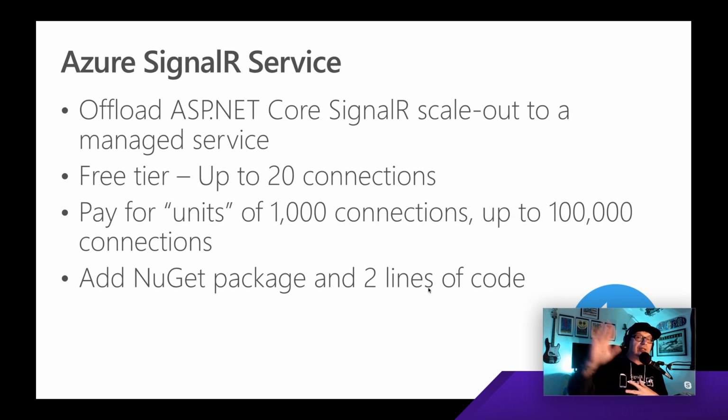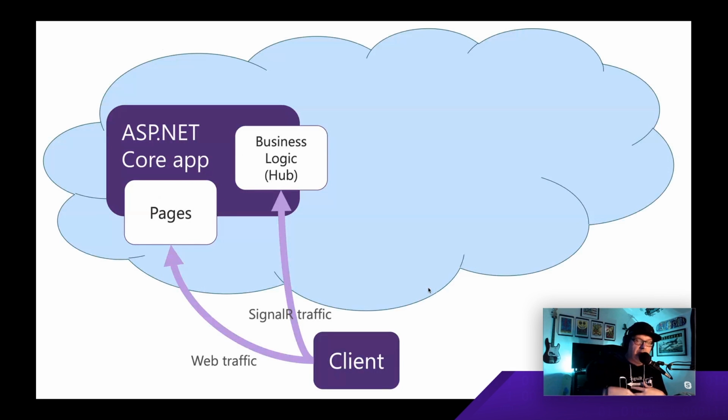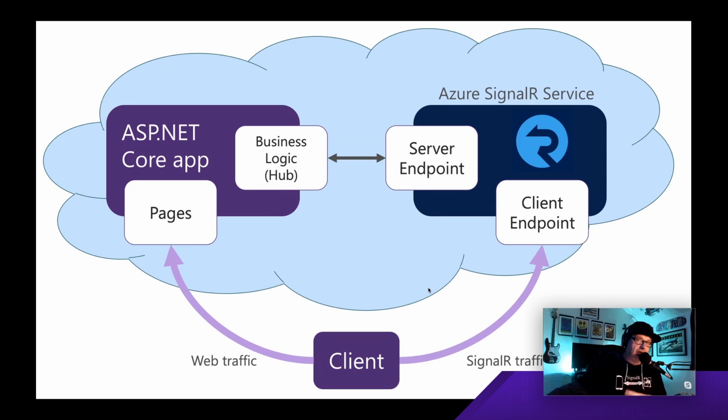You would reach out to your ASP.NET Core server, you would establish a connection to that hub, and then on the server side, we route all of that WebSocket traffic over to the SignalR service instead of you having to send it up to your web app. So we save you performance on your actual ASP.NET Core web app by shipping all that WebSocket traffic off to the Azure SignalR service, and then they handle all the WebSocket stuff and they handle all the scaling. And then you can individually scale there if you want to.